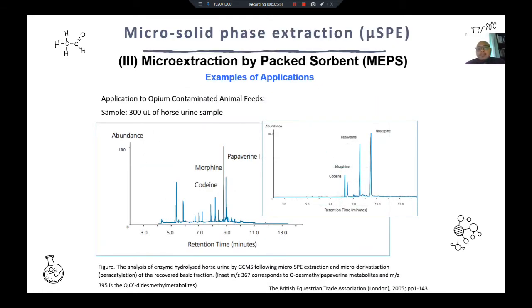Okay, here is the example of application. I'm not sure what is the differences. Is there any differences?